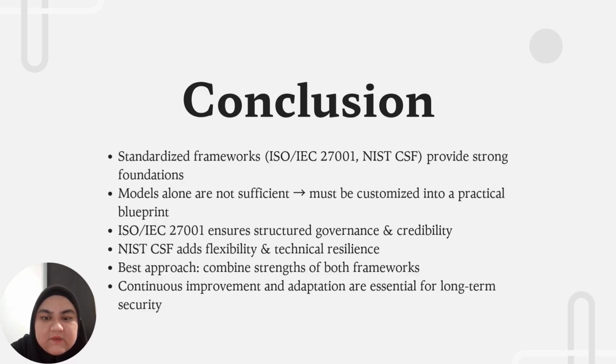NIST, on the other hand, adds flexibility and technical resilience, making it easier to adapt controls to the organization's resources and needs. The best approach is not to rely on one framework exclusively, but to combine their strengths. ISO ensures stability and compliance, while NIST provides adaptability and defense in depth.